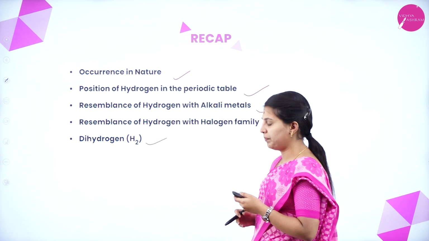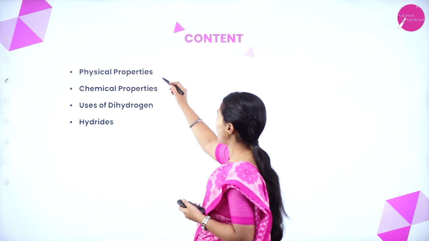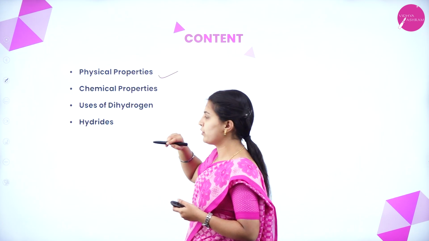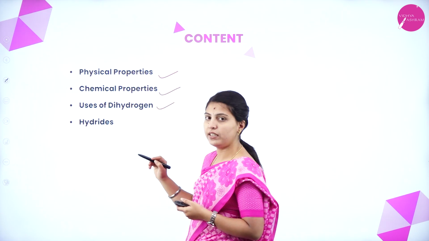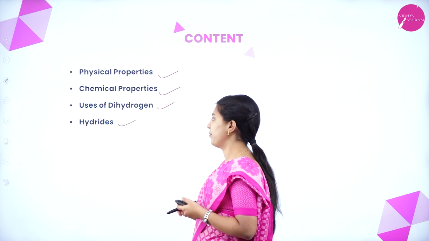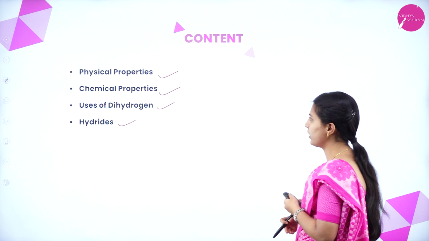In this session we will discuss the physical properties of dihydrogen and the chemical properties of dihydrogen, uses of dihydrogen and the hydrides. What are hydrides? What are the classification of hydrides? We will see in this session.